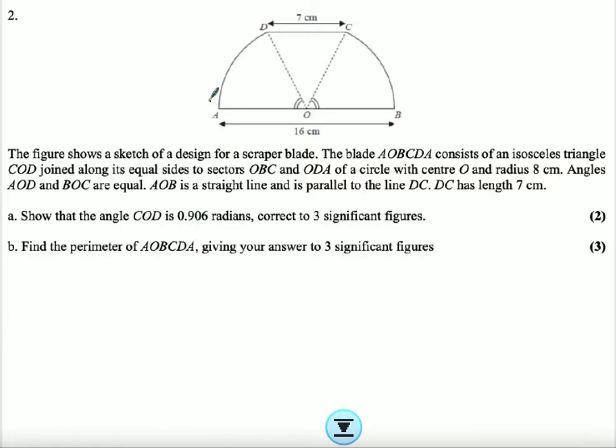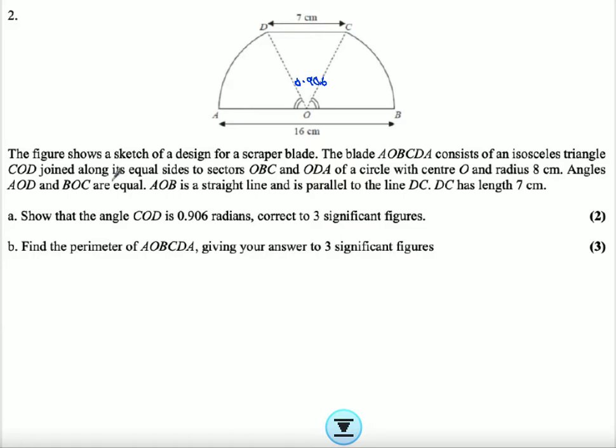So in essence, we need to work out this arc, double it, add 7, add 16. Okay, so that was 0.906. So we can now work out these 2 missing angles because it's a straight line, and a straight line, 180 degrees, that's pi.